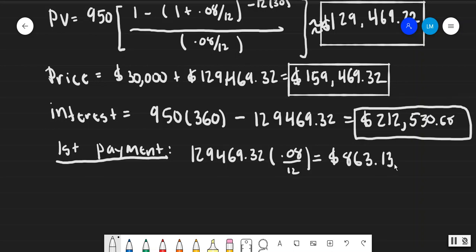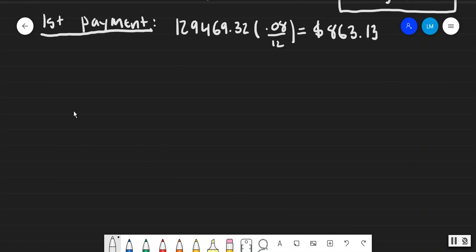Now, mind you that they have a monthly payment of 950. So what if we went ahead and just looked at the payment? So, for instance, what if we looked at the payment that was made?